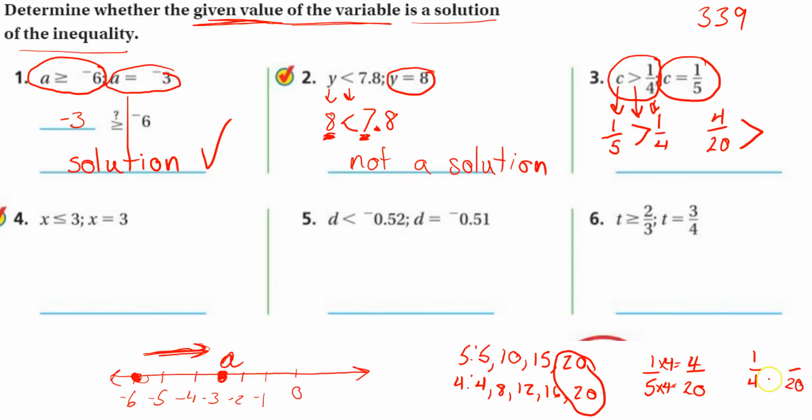Inequality still goes the same way. And then the 1/4, I have to multiply by 5 to get 20. So I multiply the numerator by 5 to get my new numerator, 5/20. Is 4/20 greater than 5/20? Well, no, 4 is less than 5, so this is not a solution.